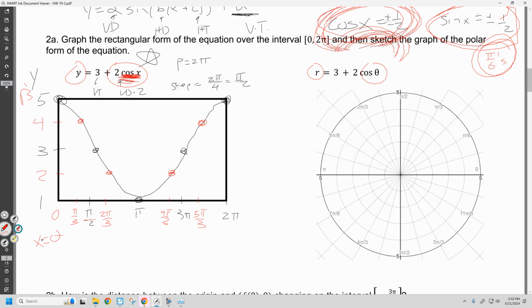Now, the polar coordinate system is nothing special. It doesn't change anything. It just helps you plot certain points.